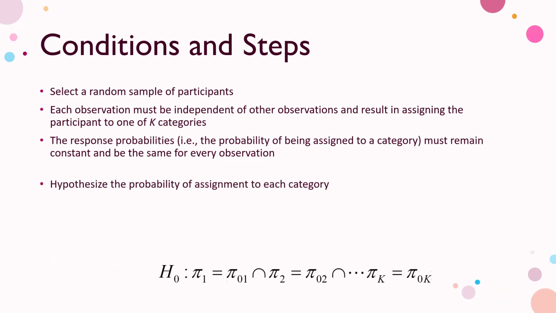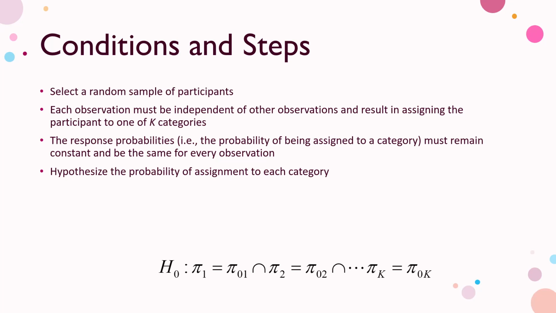We hypothesize the probability of assignment to each category. So here is a null hypothesis that the probability of being in category 1 is equal to some value that we decide on. The probability of being in category 2 is also equal to some probability that we hypothesized, and so on all the way up to the kth category, in which the probability of being in category k is what we hypothesize for category k.